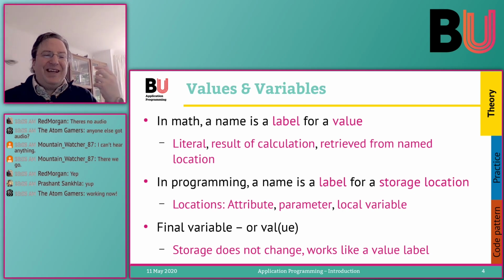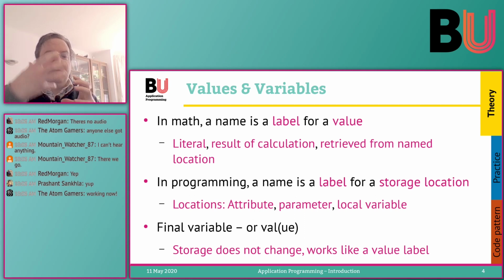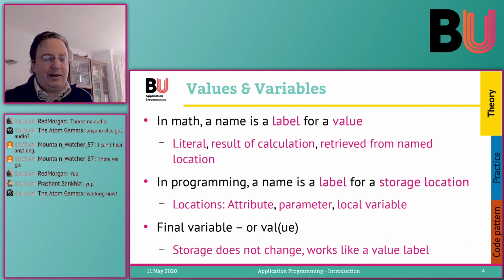in computing, when we have a variable, that is actually a storage location where we actually keep that value. Whereas a value is 2 or 5 or etc. and it doesn't matter where you store it, it's the same value. The storage location is different. And it's helpful to understand that when you have a variable, you're talking about storage locations.